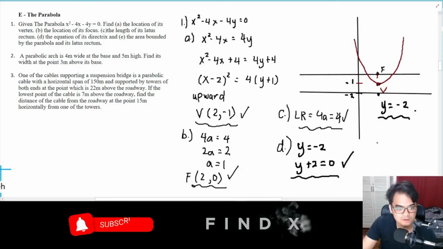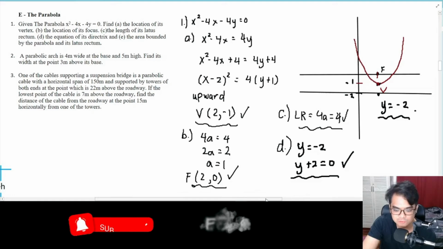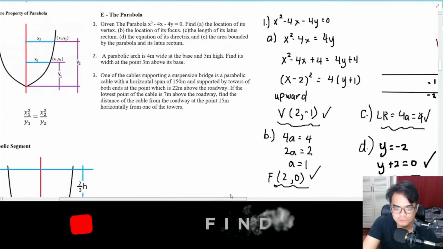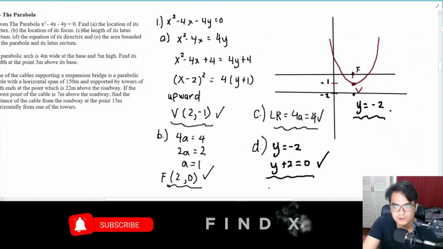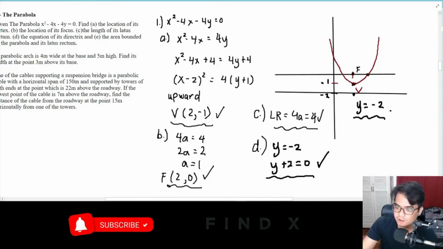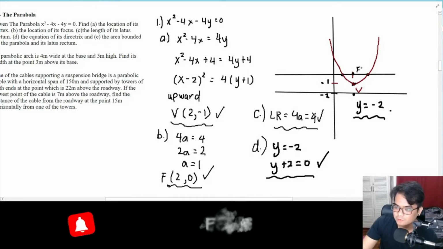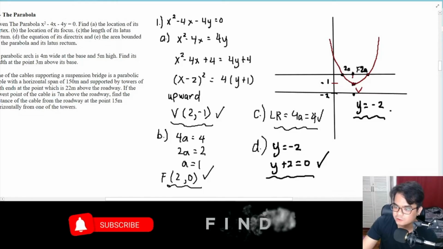And then I think that is the last one, right? Oh, no, it's not yet. The area bounded by the parabola and its latus rectum. So the latus rectum will be here and here. So this will be 2a and this is 2a, right?